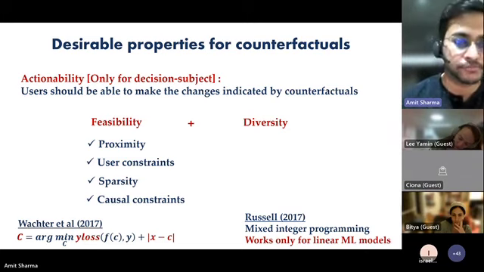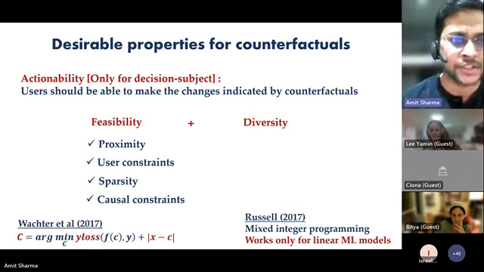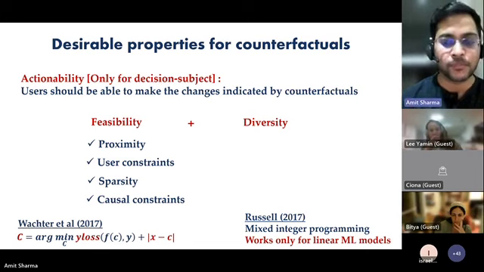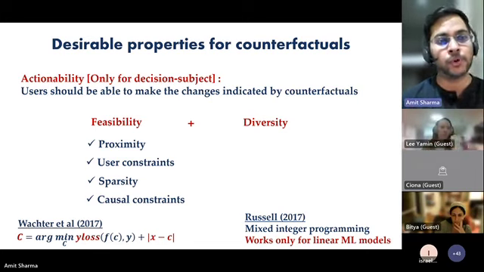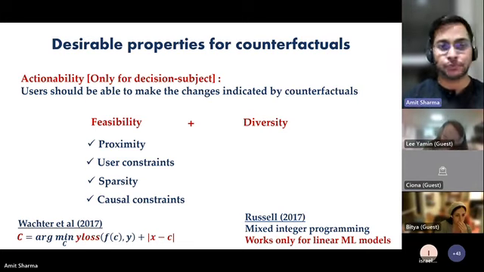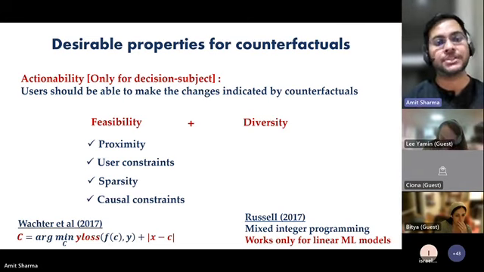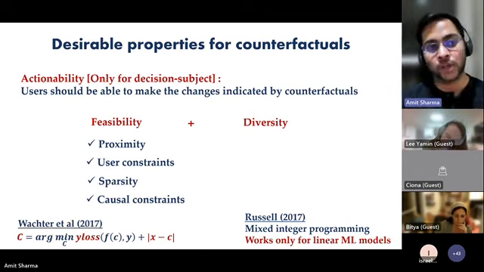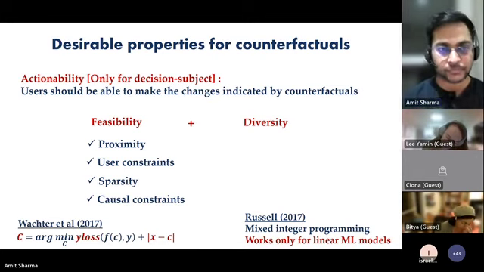And so one part of the challenge here is how to make sure that things are feasible to the user. But the second thing that's also important is that it should be diverse. Because we don't know what the user would find useful, right? So the best we can do is to just give them a diverse set of options, which help them understand what the model is really looking for.